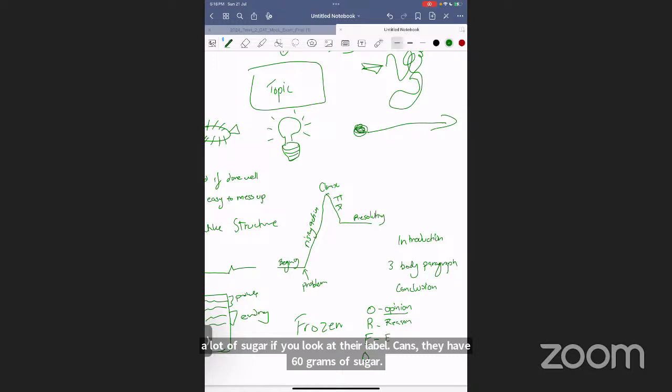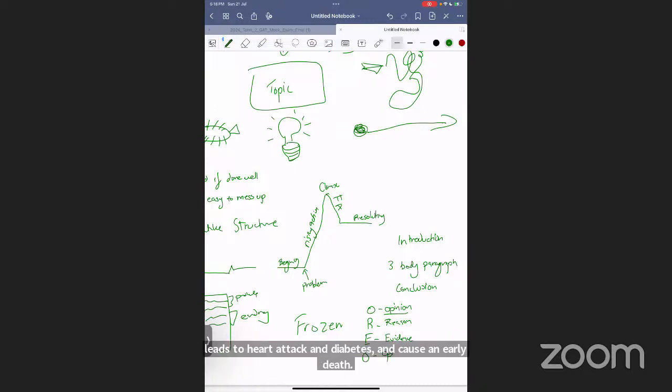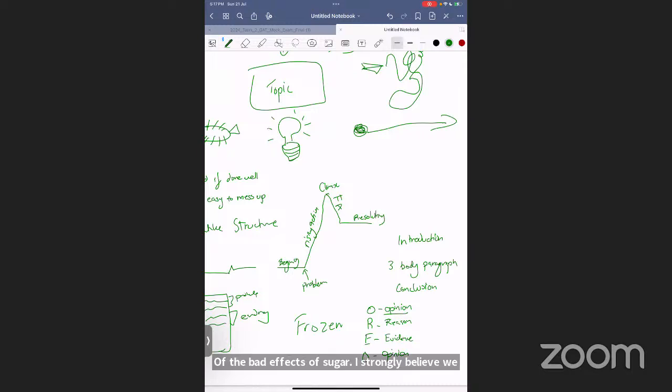And then you have evidence, and you'd say, many research papers and doctors say that too much sugar leads to heart attack and diabetes and causes an early death. And then finally, your opinion again, where you say, because of the bad effects of sugar, I strongly believe we should ban energy drinks because they have too much sugar.